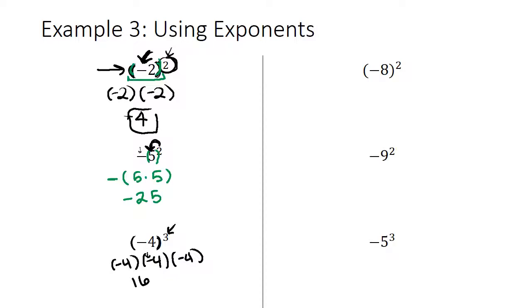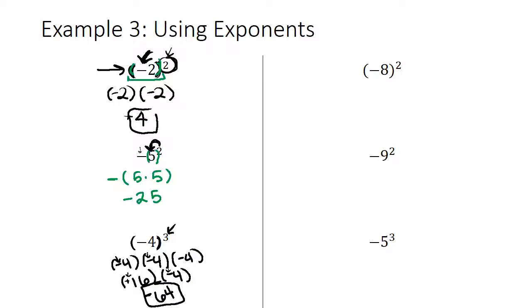It's a negative times by a negative, which means that our answer's got to be positive. Now I have to bring down my next negative 4 here. So 16 times by 4 is going to give me 64. And now I just need to determine what my sign is. Well, it's a negative times by a positive, which means my answer is going to be negative. So my answer is going to be a negative 64.